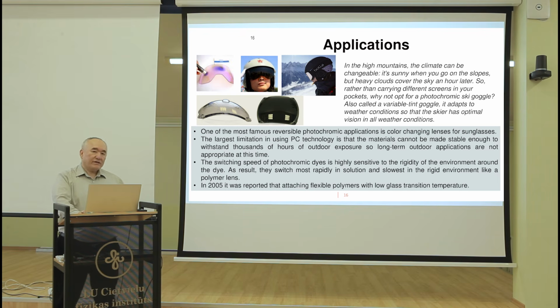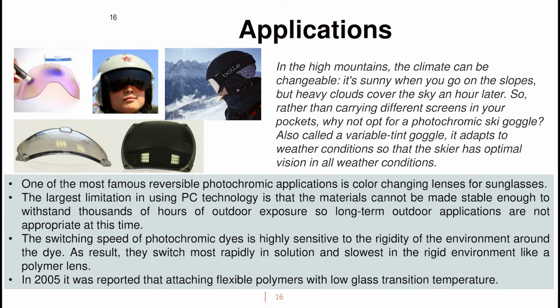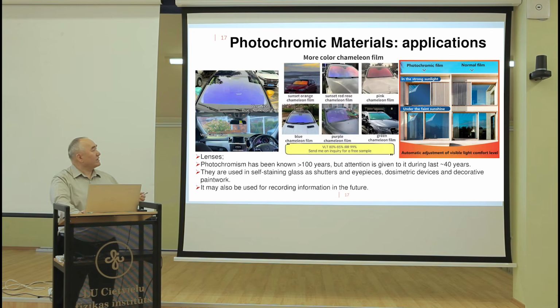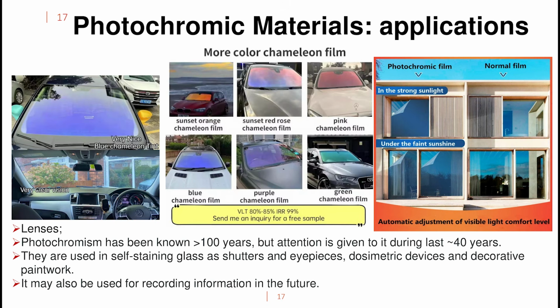Then other applications include goggles, for example, and automobiles. Here you see an example of using photochromic coatings in goggles. It can be used for photochromic lenses as well. And here are some examples of using photochromic coatings in automobiles.